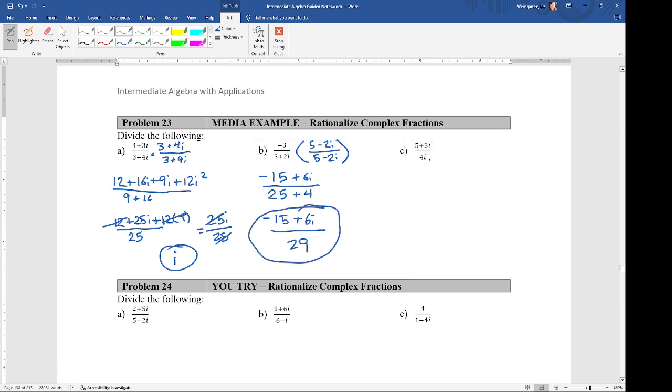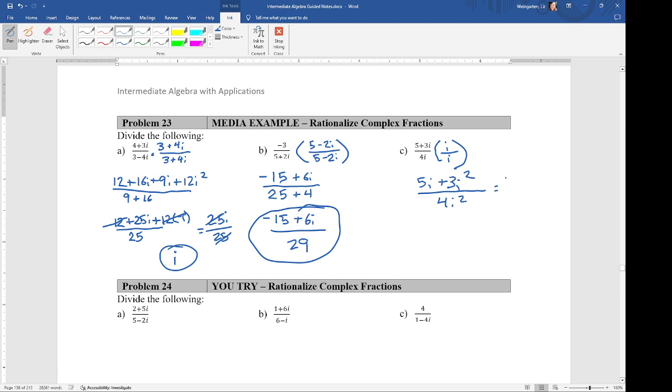Letter C, we don't necessarily have to multiply by the conjugate. We can just multiply the top and bottom by i. Right? Because we don't have any number not containing i added or subtracted from this 4i. So we're going to end up on top 5i plus 3i squared over 4i squared.